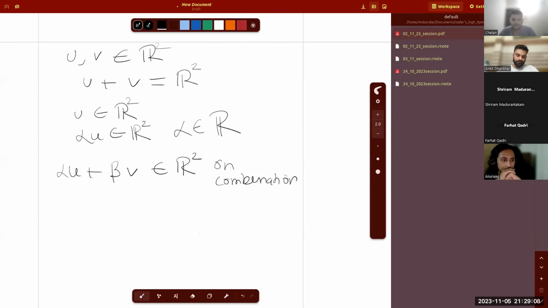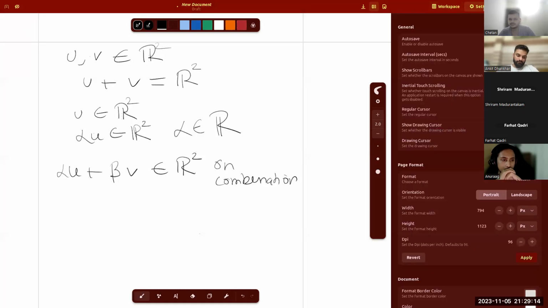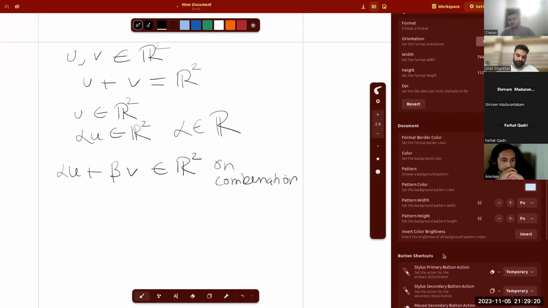And this is also called a linear combination of vectors. I'm going through these very quickly because we discussed this yesterday and spent quite a lot of time on it. So this is called a linear combination of two vectors.